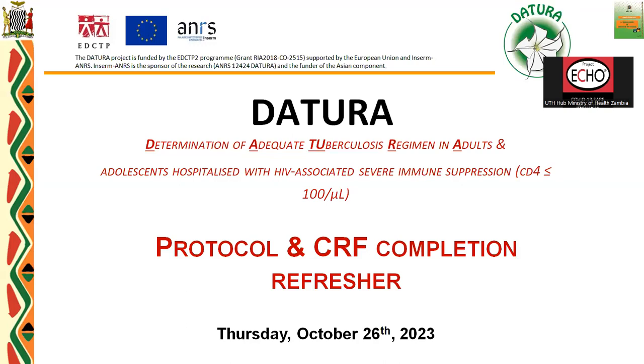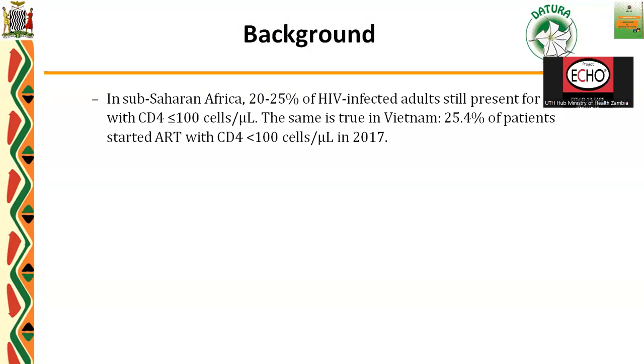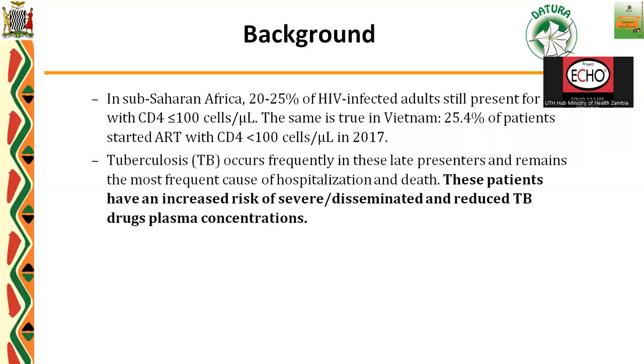So in this study, the main issue is we are picking those who are seriously ill with TB and with severe immunosuppression, CD4 count below 100, and we are trying to see if we can give them an adequate tuberculosis regimen. The regimens are higher. Next slide.